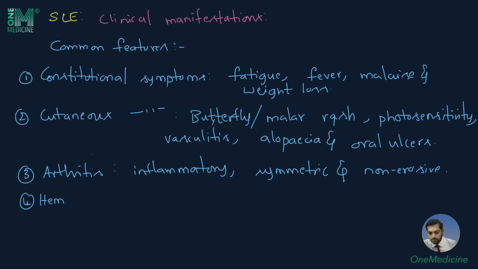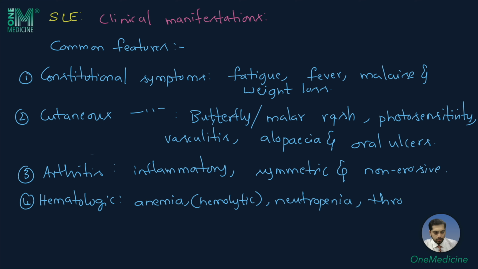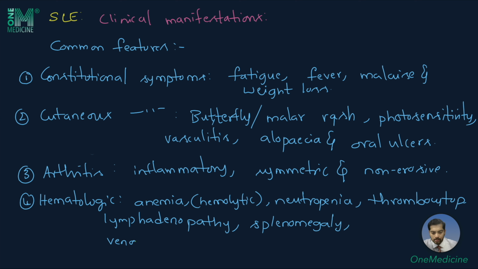Hematologic manifestations include anemia, which can be hemolytic, neutropenia, thrombocytopenia, lymphadenopathy, splenomegaly, venous or even arterial thrombus.